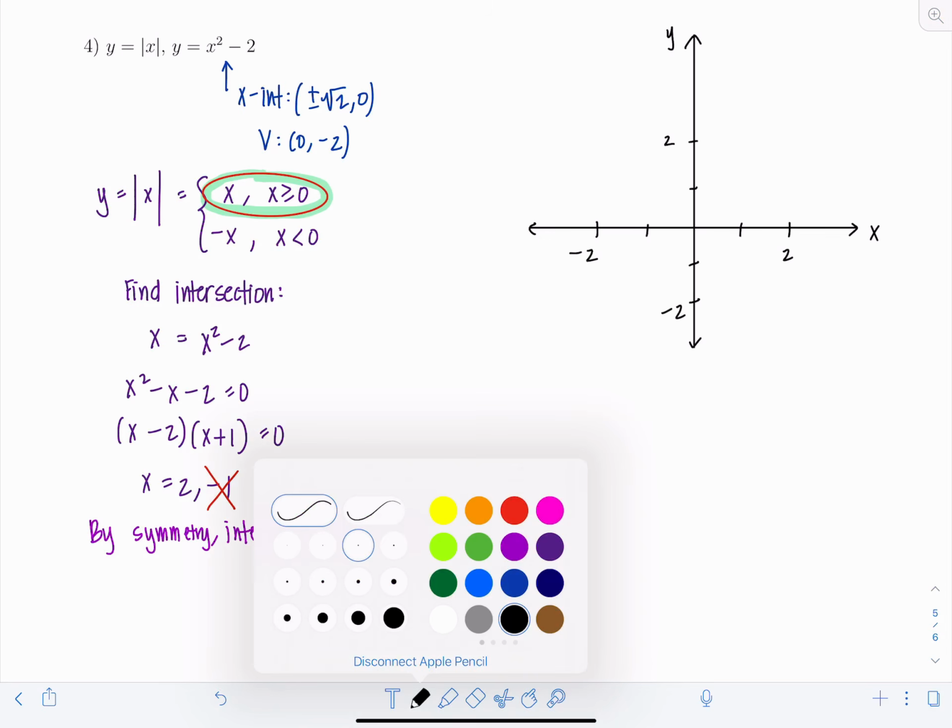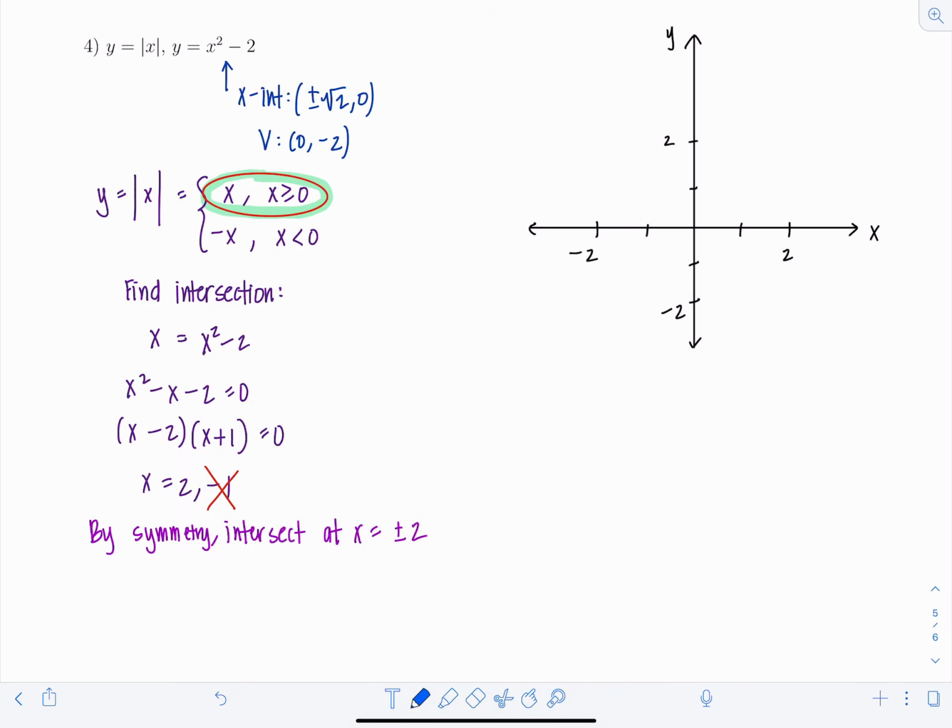All right. So let's do the parabola first. So we have 0, -2. And then plus or minus rad 2 is where the x-intercepts are, so about 1.4. And then at 2, 2, it's going to intersect with the absolute value graph.